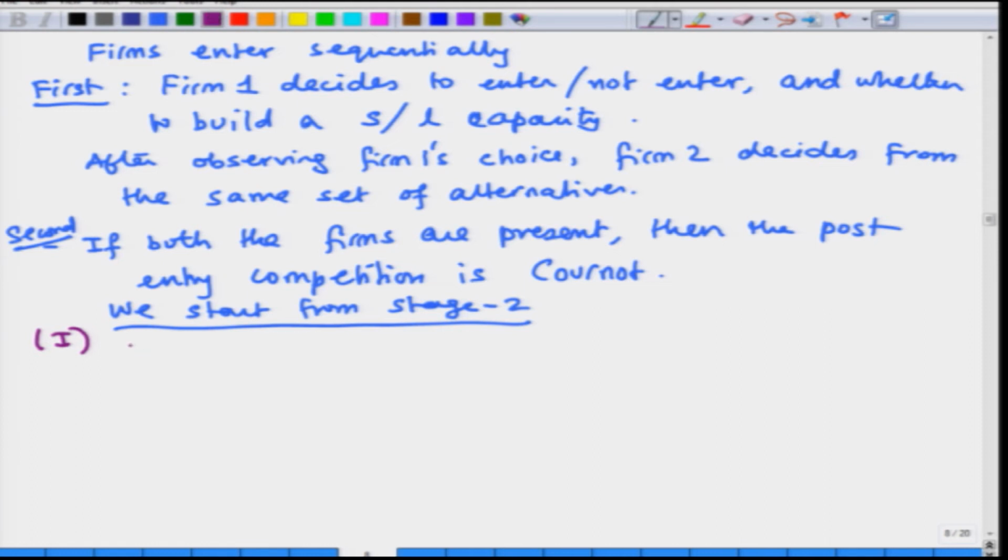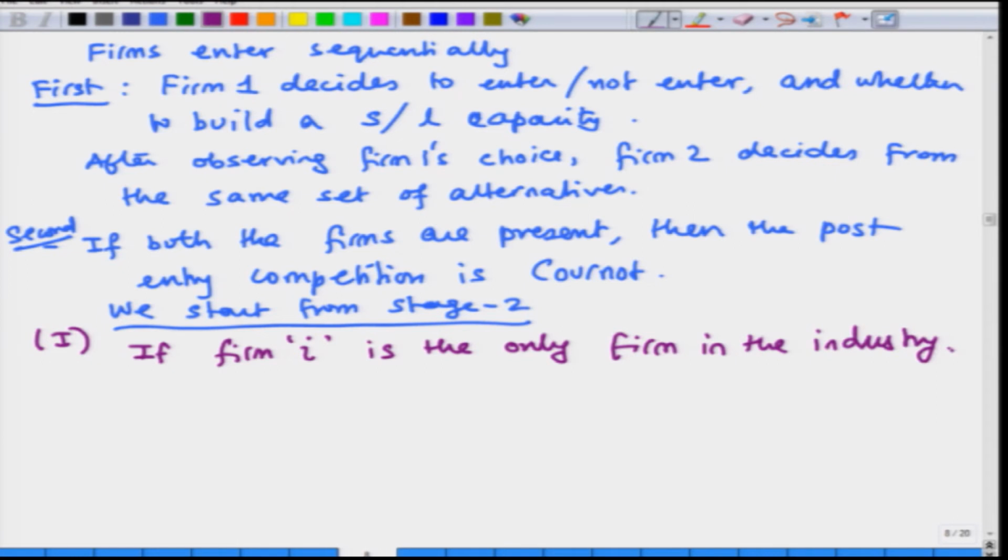So, if firm i, where i is 1 or 2, is the only firm in the industry, then what are going to be its profits.